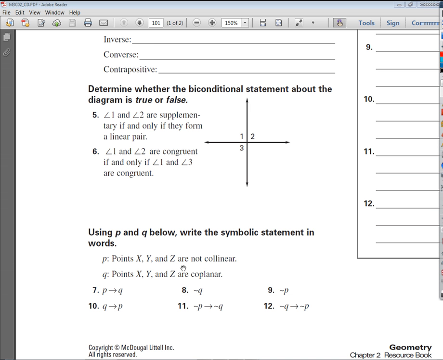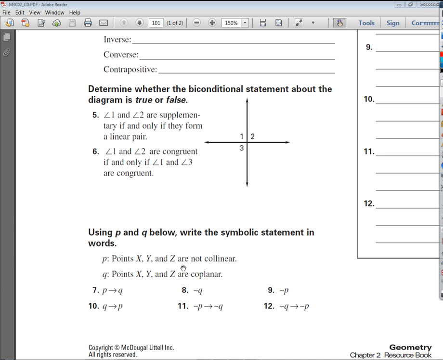What we really should do is say, see if this makes sense: if angles 1 and 2 form a linear pair, then they are supplementary, right? So the pronoun, if there is one, is always going to be in the conclusion, and the proper noun goes in the hypothesis. And that's just English, right? I mean, that makes sense. I didn't mark you off for that, but just be aware of that.